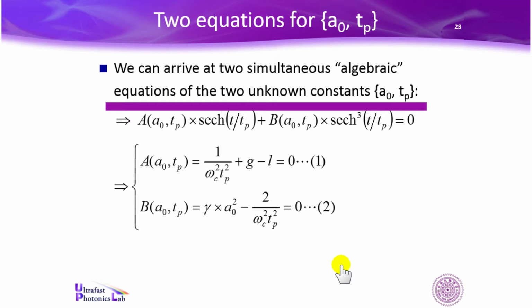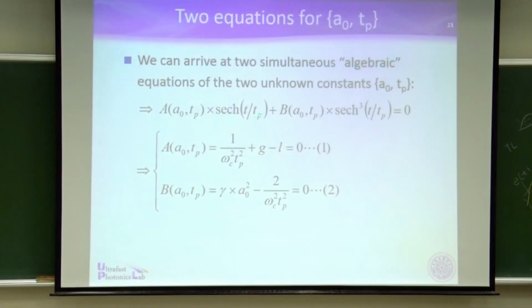And the summation is equal to 0, no matter what A0 and TP are. So this equation means you have two algebraic equations. One is big A equals 0. The other is big B equals 0.